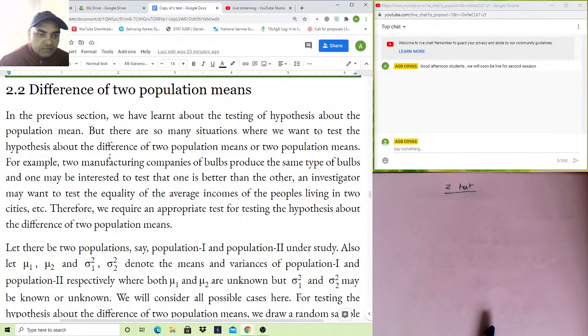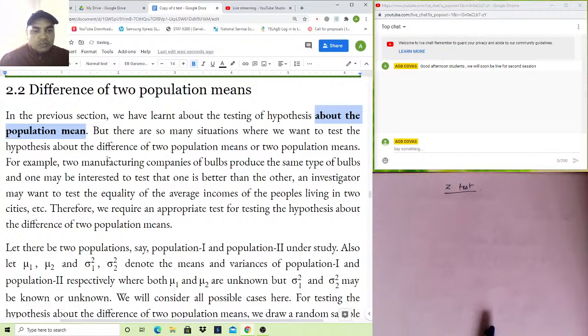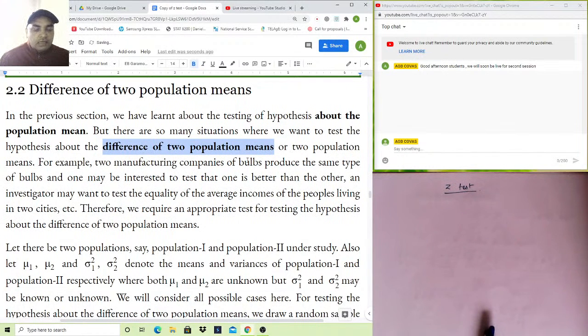So in the previous section we have learned about testing of hypothesis about the population mean already. But there are so many situations where we want to test the hypothesis about the difference of two population means. That is, we want to see whether there is any difference between the two populations.